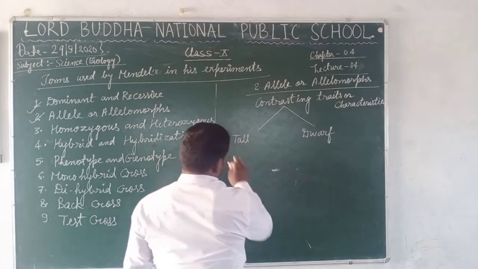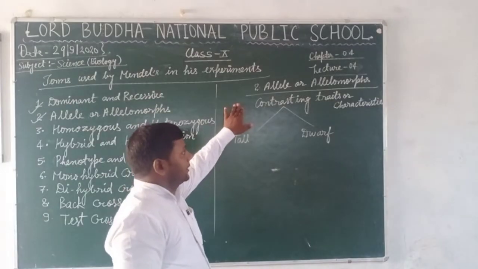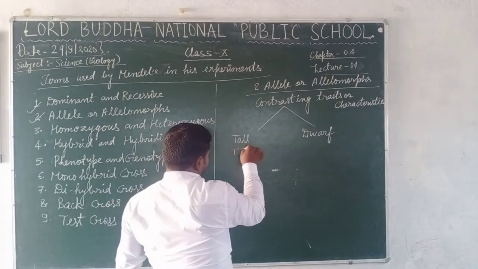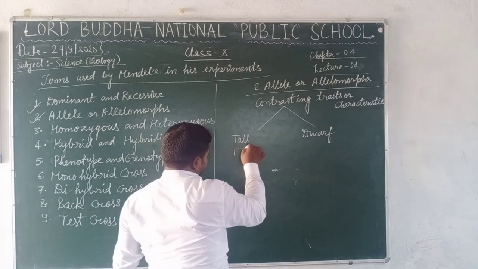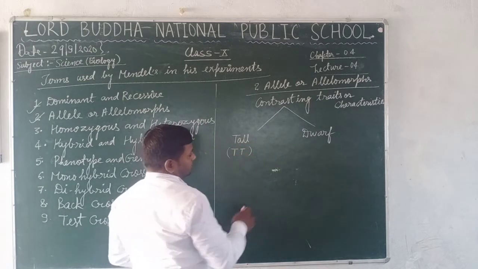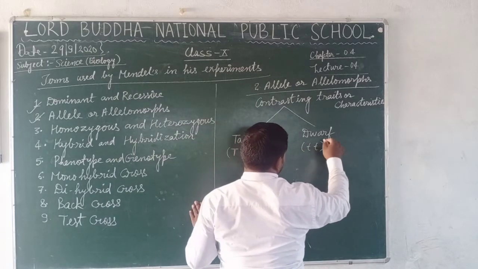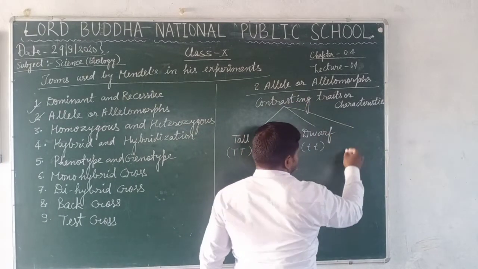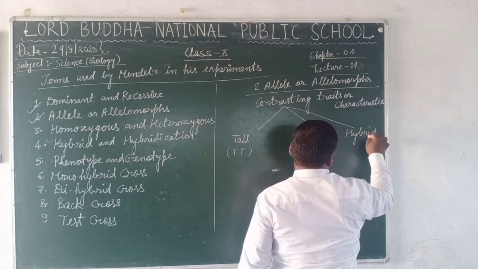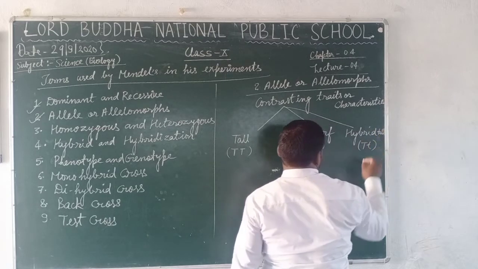So students, if we are going to represent the allele, then capital T is the pair of allele for the tall plant, small t for the dwarf plant.